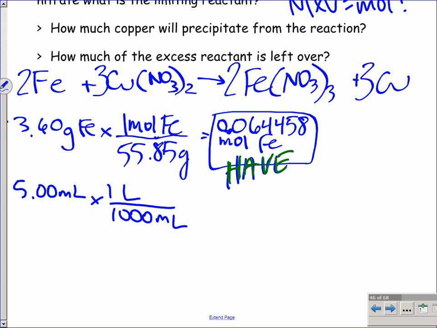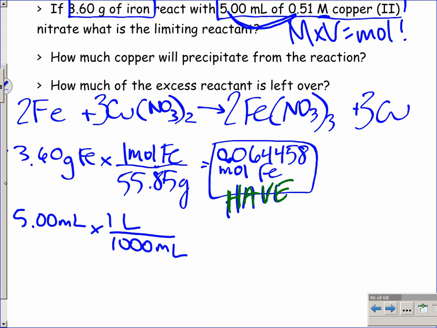So the milliliters will cancel there. And then I'm going to take this molarity, 0.51, and break it, the big M, into the 2 units it actually is comprised of, which is what? Yes, moles over liters of solution, right? So what's this number that goes here? 0.51. And whose is it?